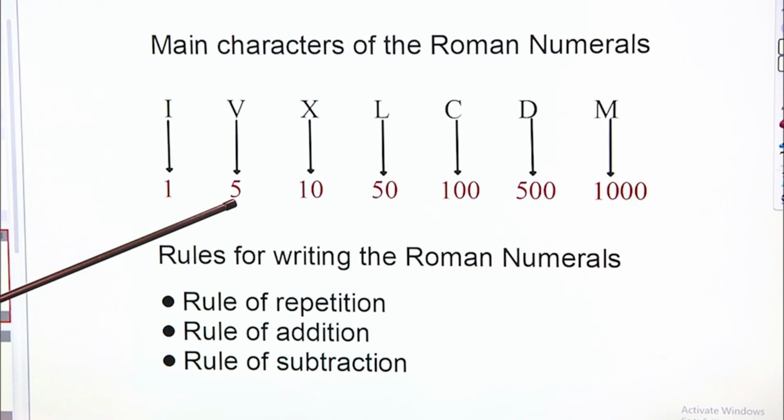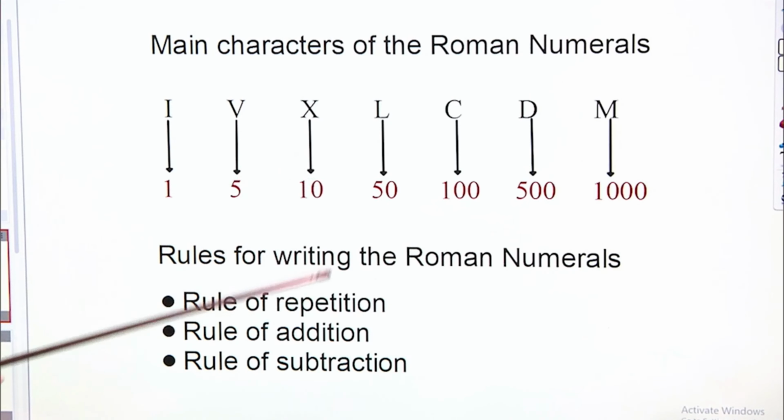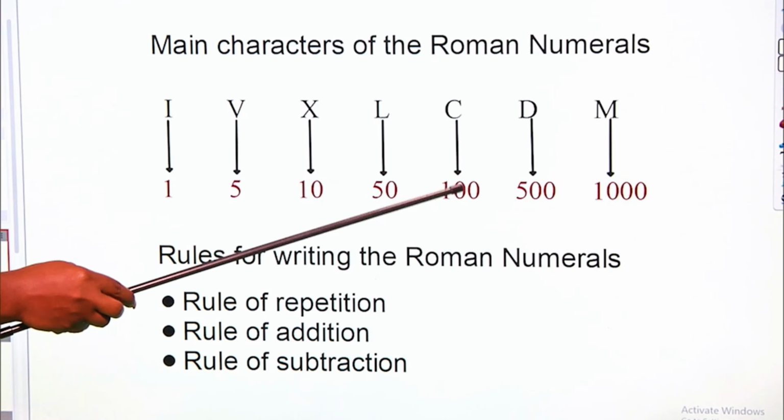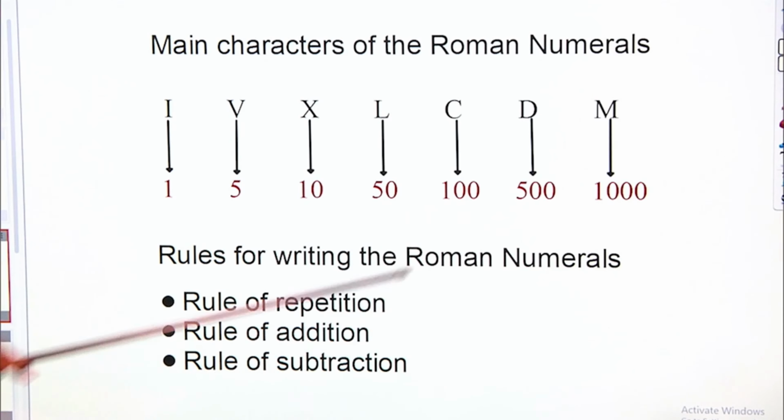V represents 5. X, 10. L, 50. C, 100. D, 500. And then M is 1000.